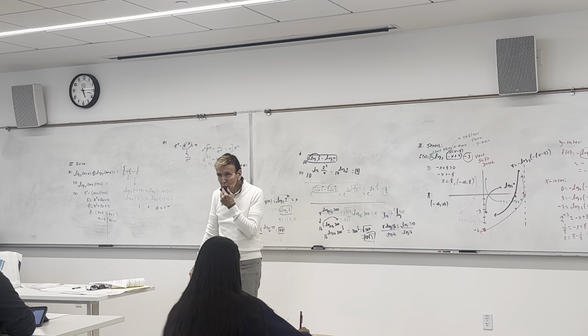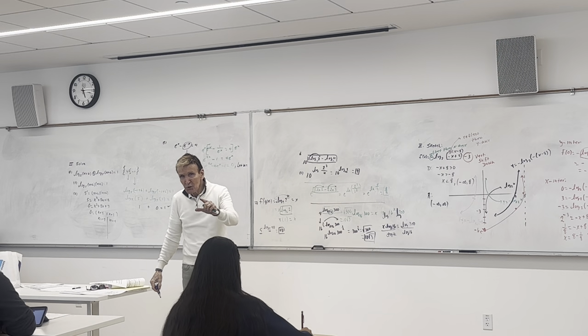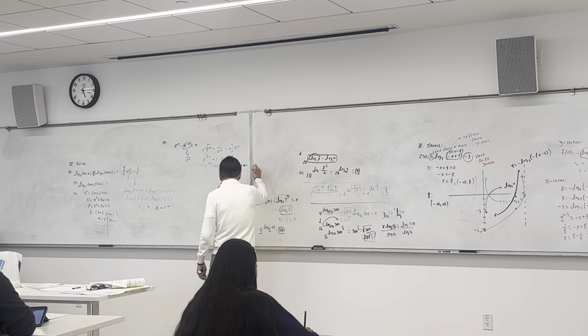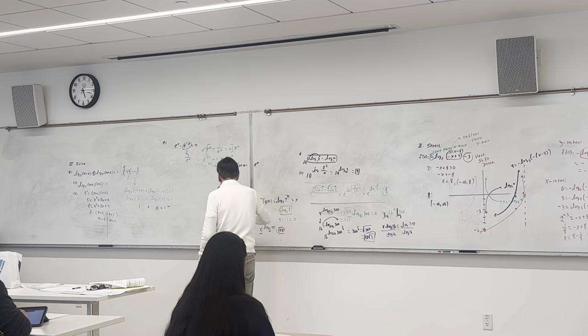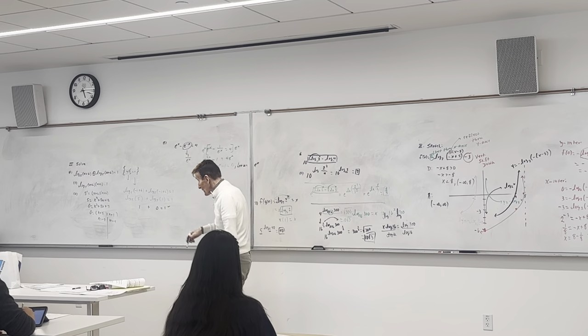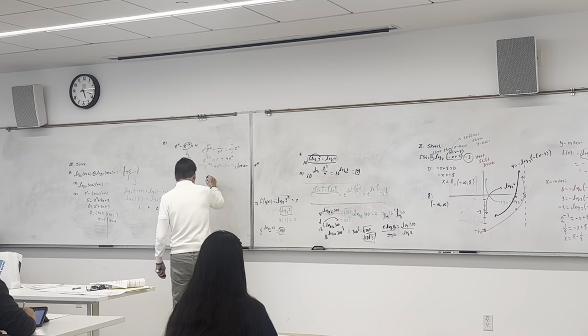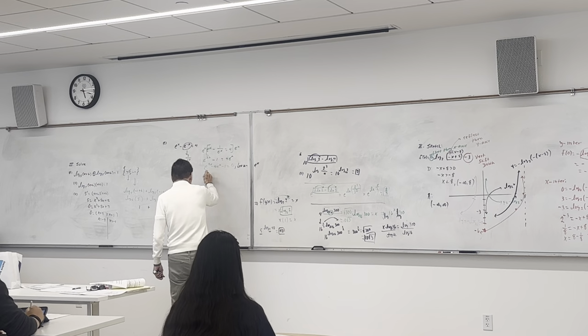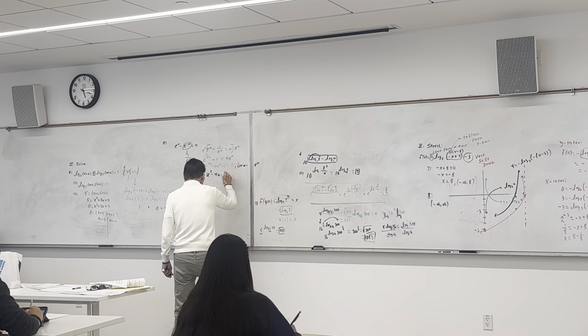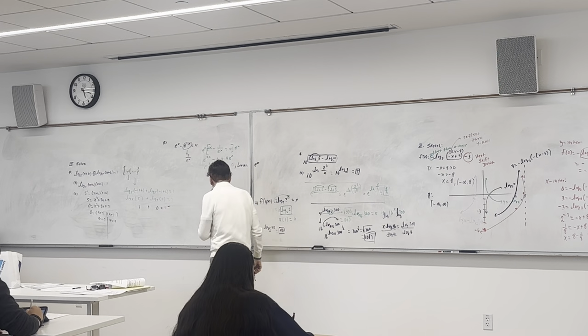What do you think the u would be equal to, like that u substitution we used way back? e to the x. So e to the 2x becomes, if I let u be e to the x, u squared minus 4u minus 1 is equal to 0.